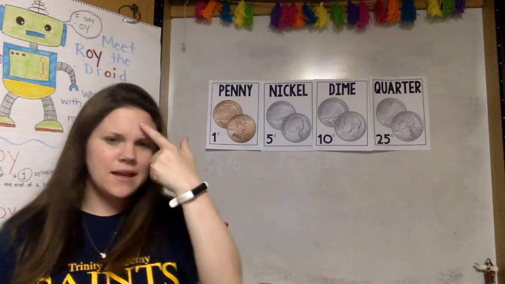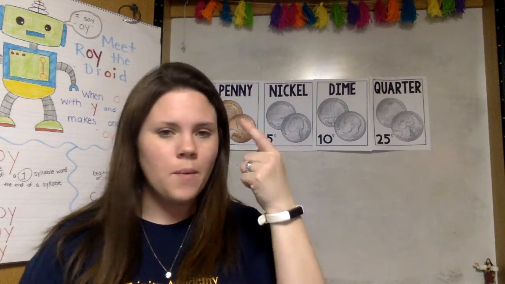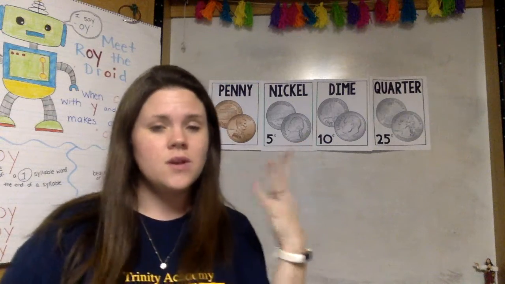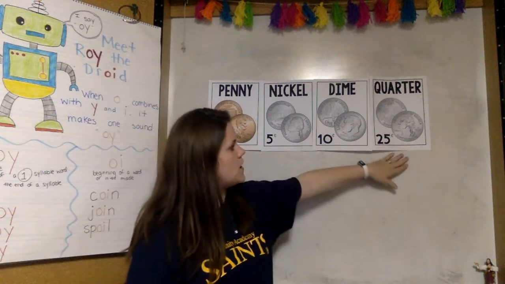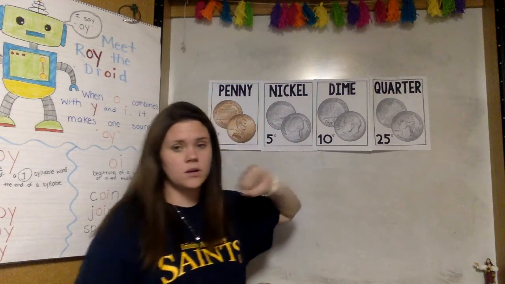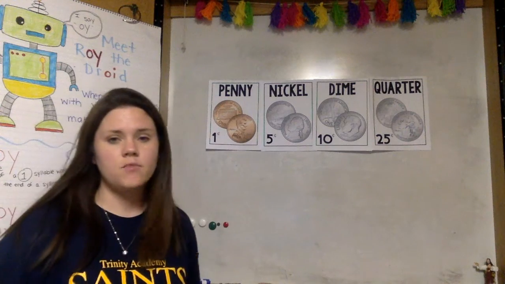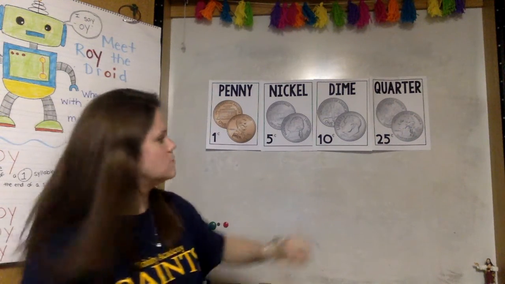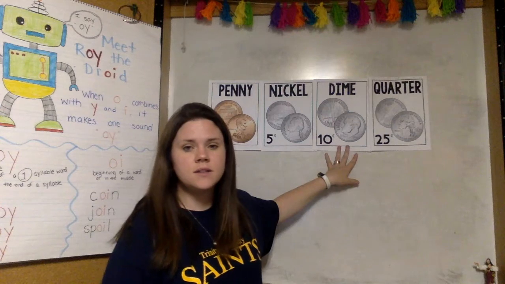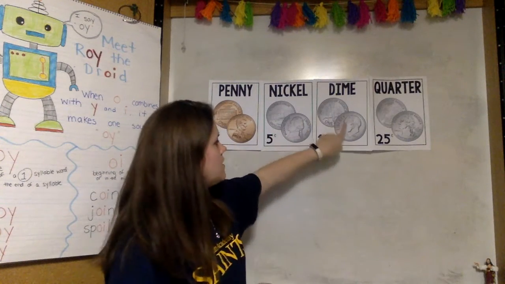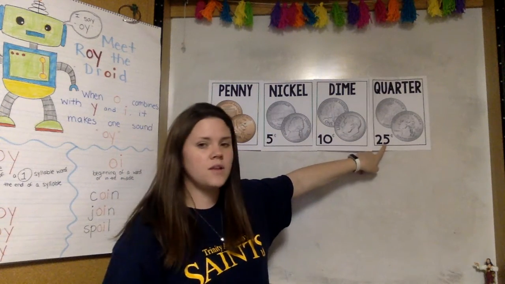Is there another way? Can you use what you know about coins and those values? Is there another way to make 25 cents that's not a quarter and that's not 25 pennies? Could I use only dimes? If I did 2 dimes, I would have 10, 20, but I need 25.